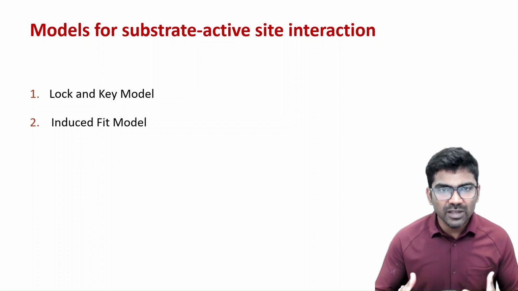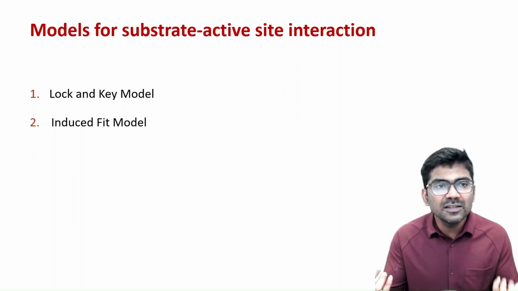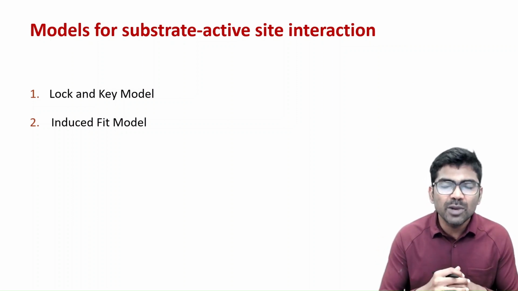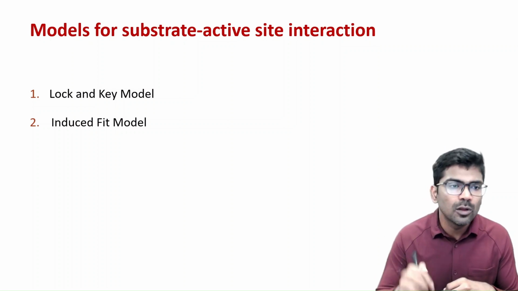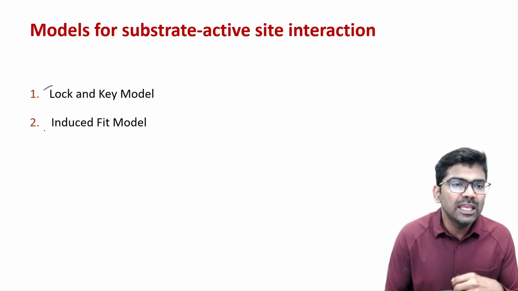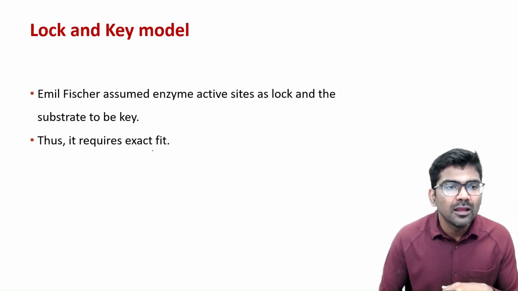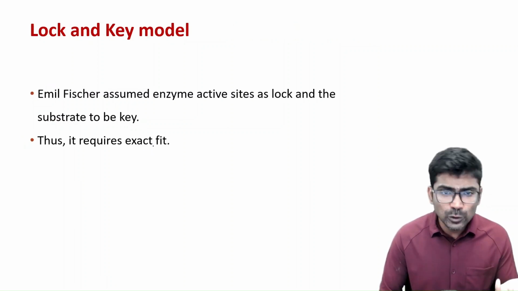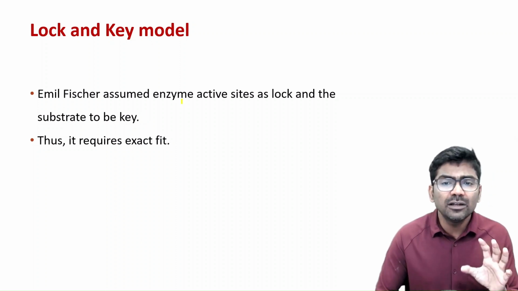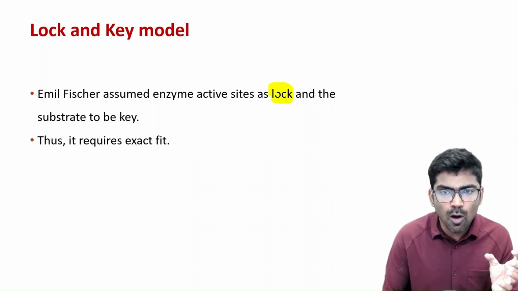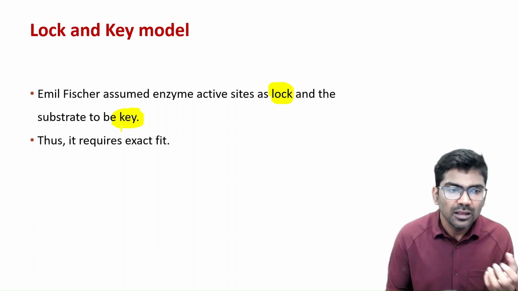The interaction between active site and the substrate can be explained by two models. The one is lock and key, the other is induced fit model. Emil Fischer assumed that the active site of enzyme is similar to a lock and the substrate is the key.